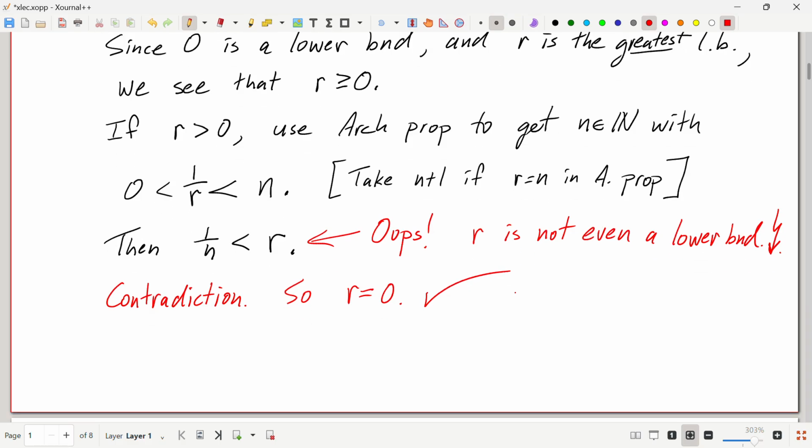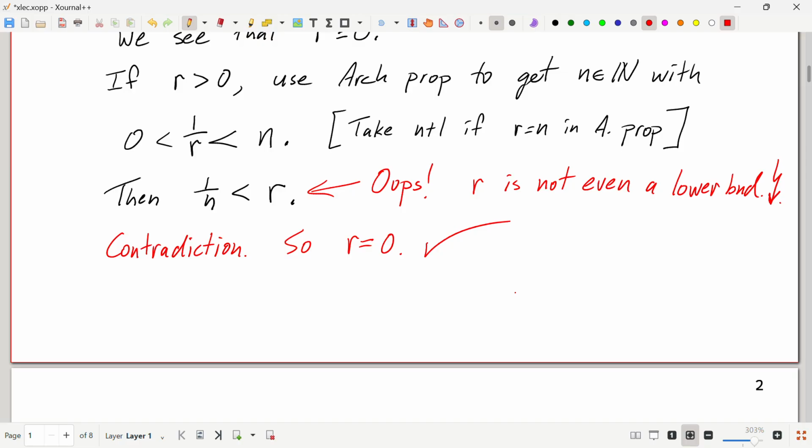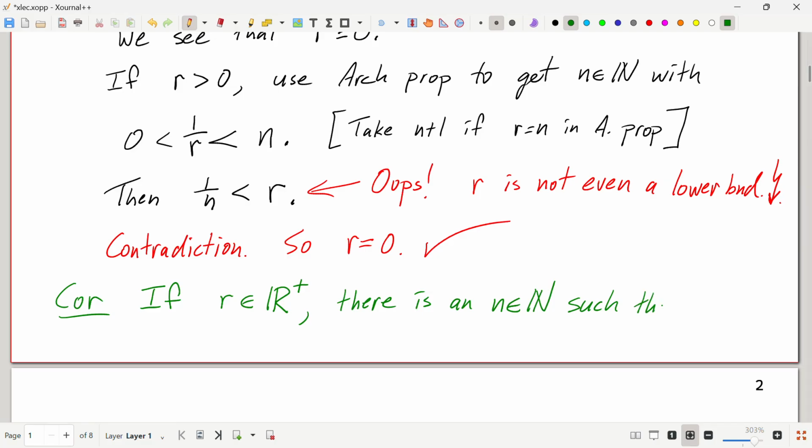There are a couple really simple corollaries of the Archimedean property that I need to write down before we can get rolling today. Another one is what I basically just did here. If r is a positive real number, then there is an n such that 1 over n is less than r.